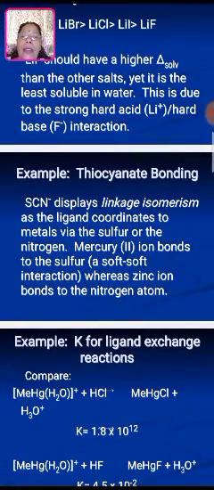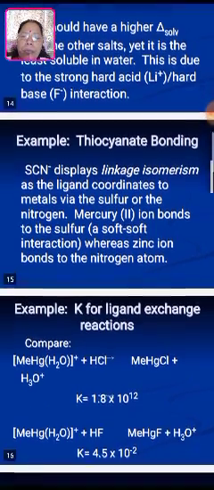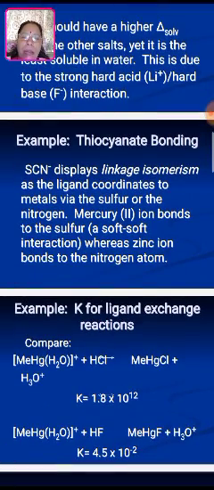About thiocyanate bonding: thiocyanate is a ligand which displays linkage isomerism, bonding through the nitrogen as well as the sulfur. A ligand coordinates to a metal via the sulfur or the nitrogen. See the example of mercury ion, which bonds with the sulfur, a soft interaction, whereas zinc ion bonds by the nitrogen atom.